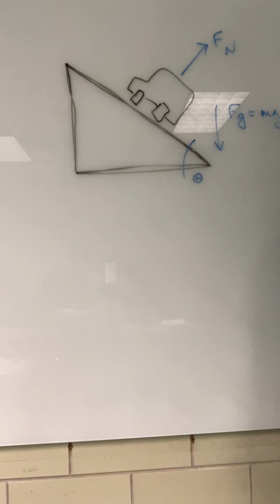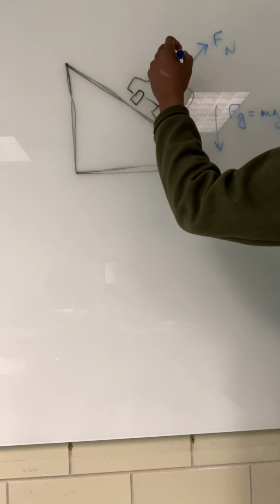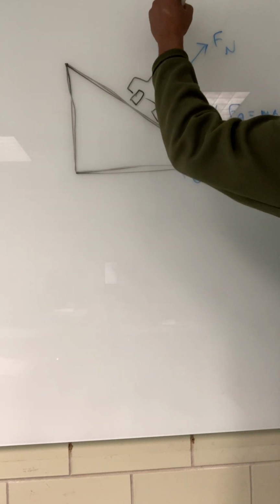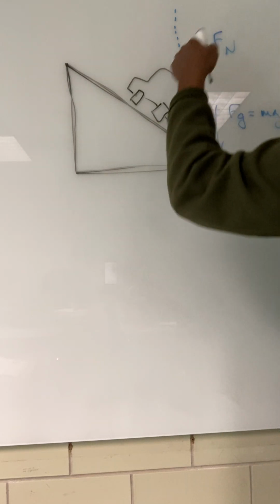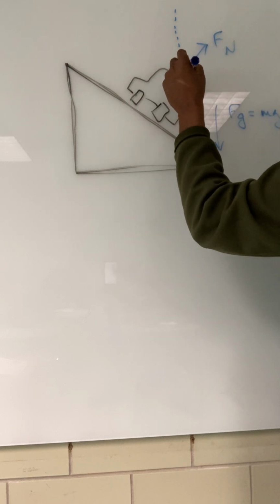All right? And so now we're going to take projections of the normal force, like we did when the box was on the inclined plane, where we took projections of the gravity. Now we're doing projections of the normal force. So that's this one, right? This is our normal force right here. So we take projections like this.